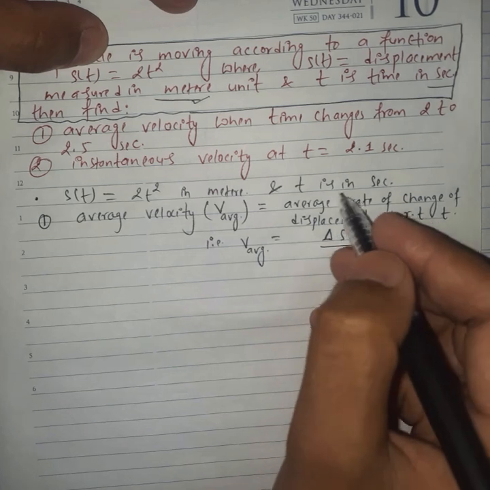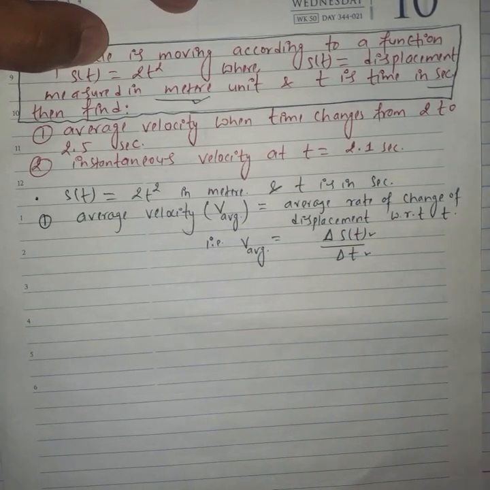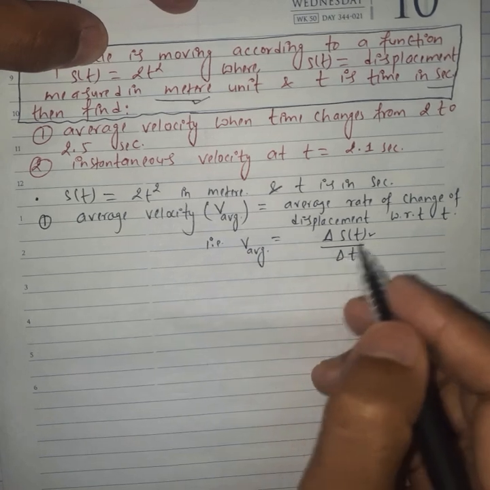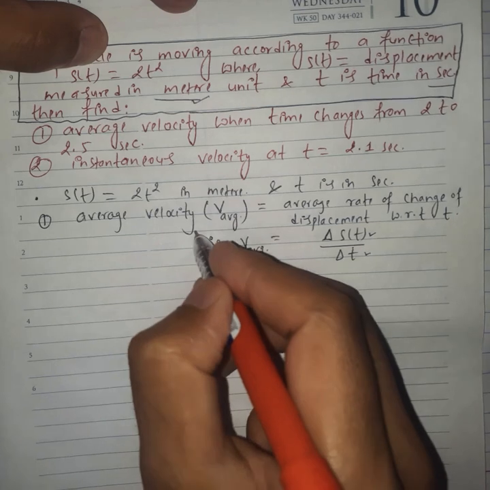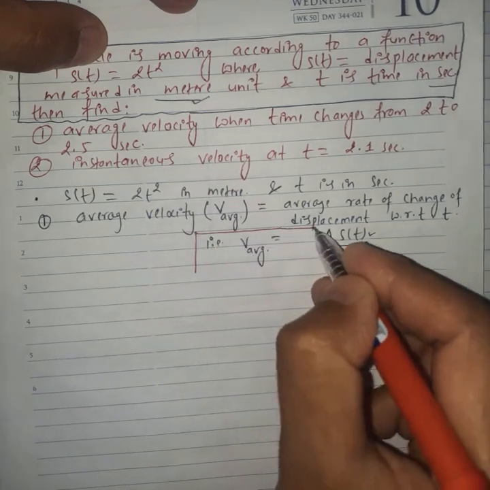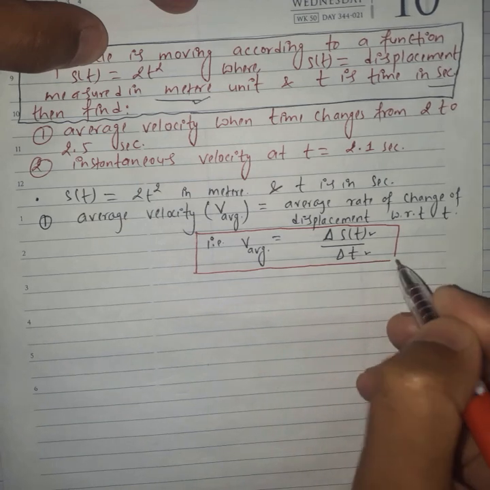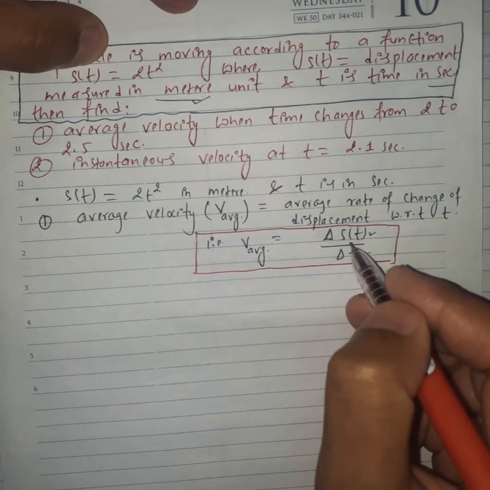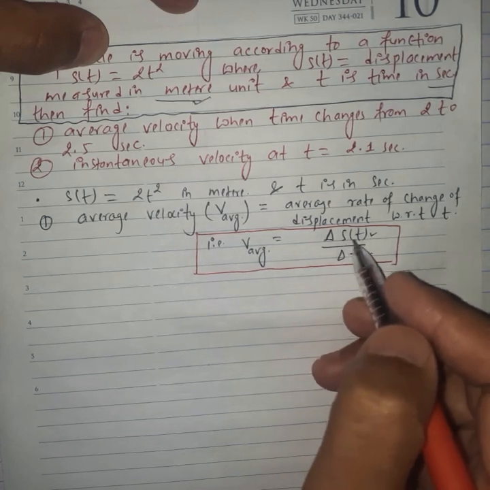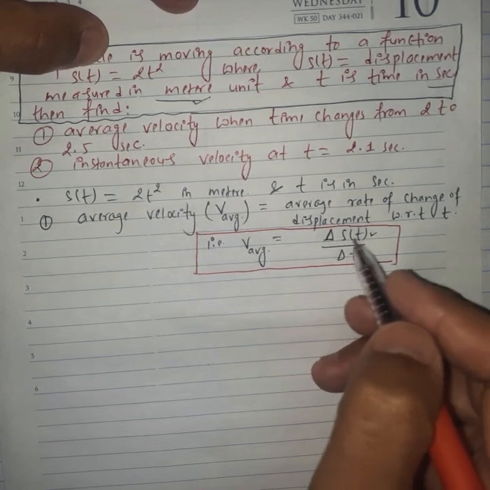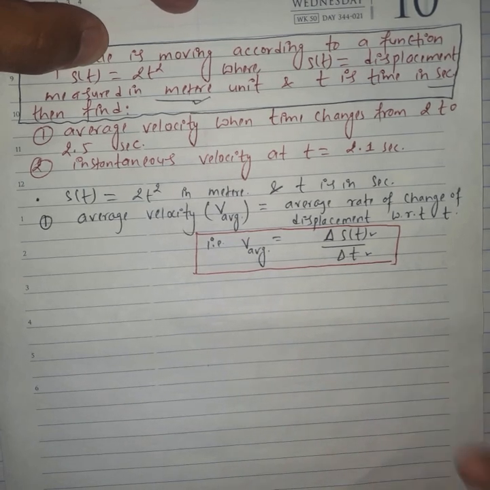Here we just translate this statement into mathematical notation. This is the formula to calculate the average velocity. Please memorize this: delta s of t over delta t. Here delta s of t means the small change in the displacement, and delta t means the small change in the time.